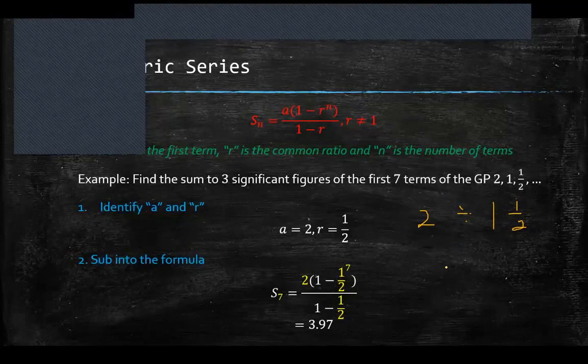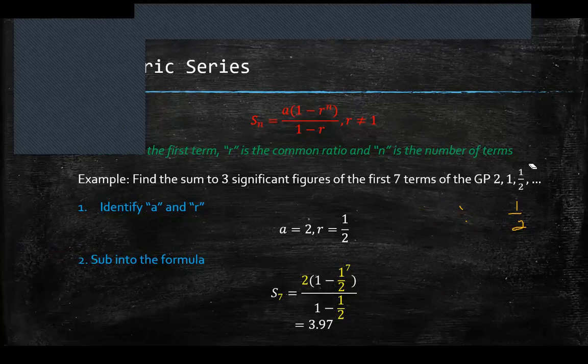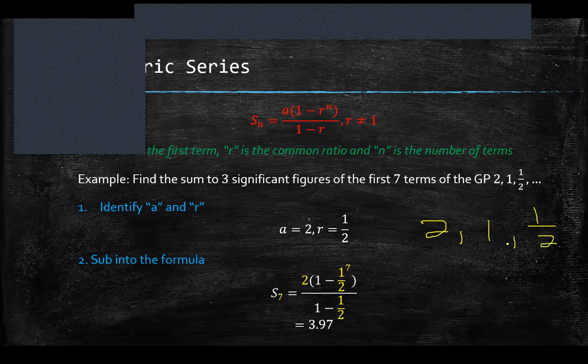But this is not 1.5. Probably how I typed it, but it's 2, 1.5. So you get the half now when you use the right numbers.